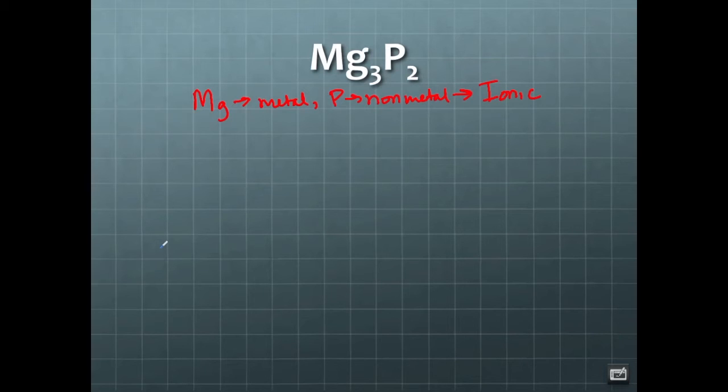So we're going to start with our magnesium. Since it's in group 2, we know it gets 2 electrons. But we have 3 magnesium, so we've got to actually write magnesium 3 times.